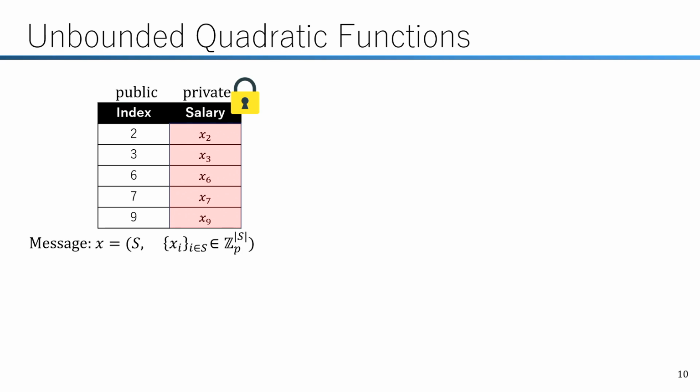So let's take a closer look at the functionality of unbounded quadratic functions. The message of this functionality consists of an index set S and Zp elements xi, which are indexed by the index set.